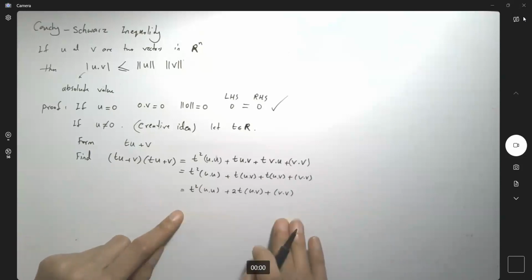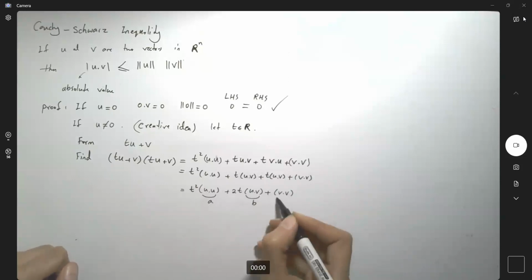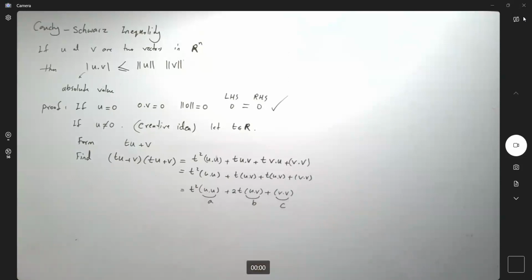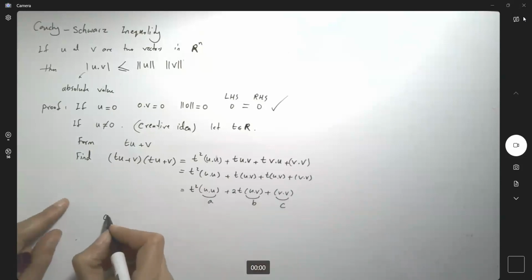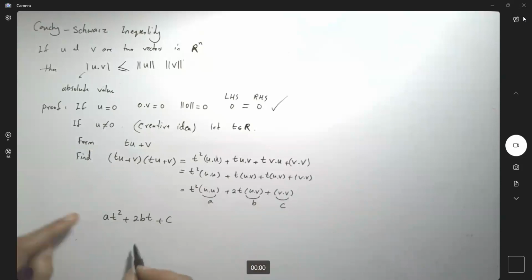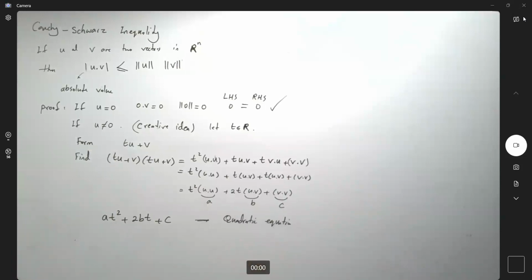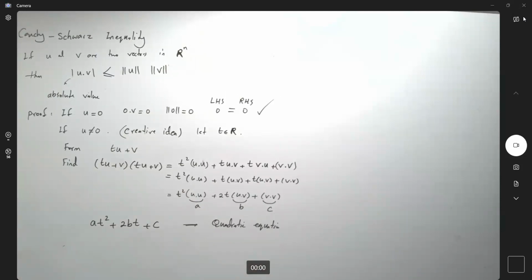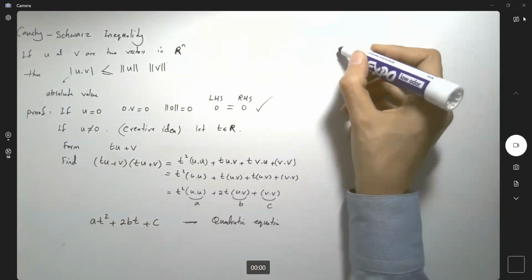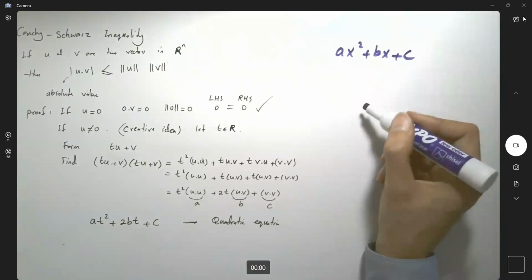For simplicity, let us call these a, b, and c. So basically you have a t squared plus 2bt plus c, which is a quadratic equation. Again, recall from intermediate algebra that if you have ax squared plus bx plus c, we have three scenarios.